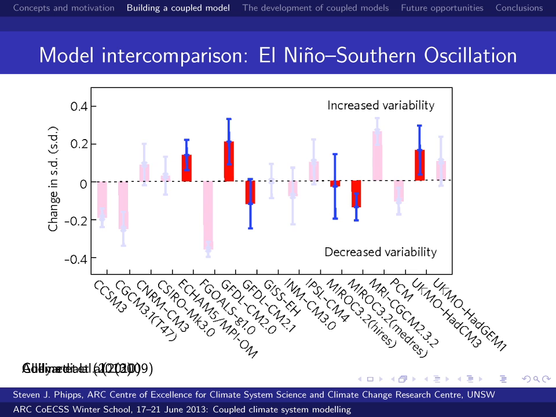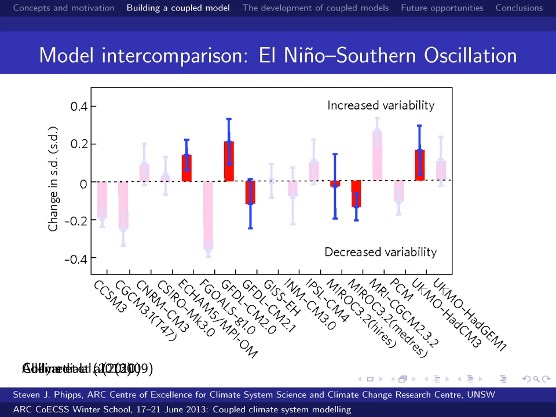So continuing my slight worry about ENSO, this is a model intercomparison. This is not strictly evaluation now, this is comparing the models against each other, but I still think it's important as a lesson in humility perhaps. This shows for a mid-range climate change scenario, the change in ENSO variability during the 21st century.